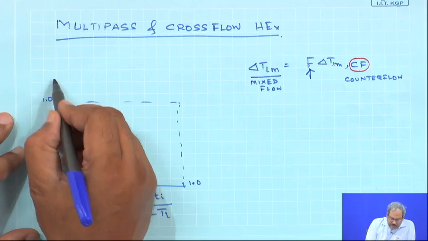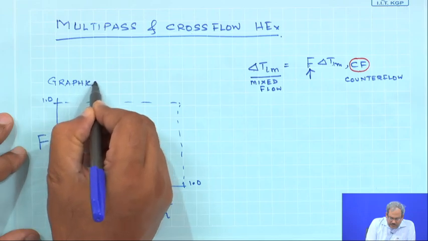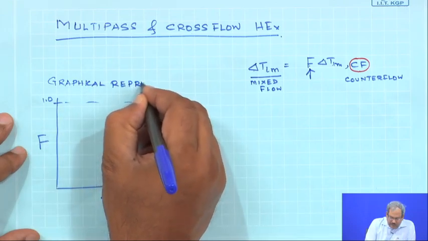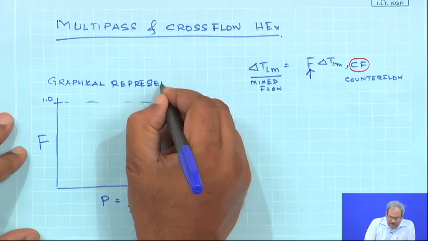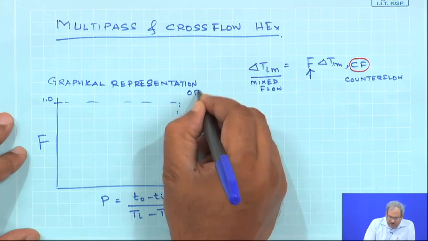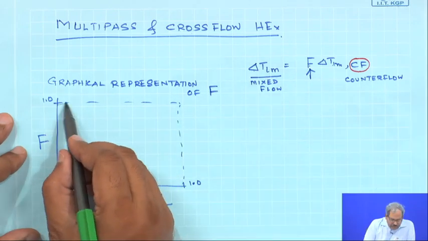So, what we have is the graphical representation of the factor F. It is going to look something like this.